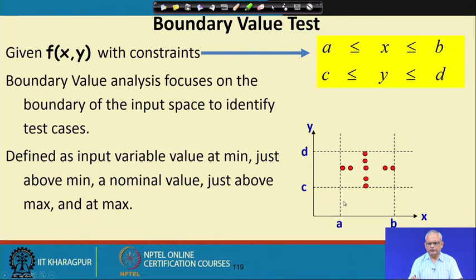If we represent the boundary here, we have a boundary at c, we have boundary at d, we have boundary at a and b, and just above we have test cases and 1 representative here. So, it will be 4 into 2 parameters plus 1, which is equal to 9. There are 2 parameters here, and each one we need 4 and 1 is the common, and therefore, we need 9.